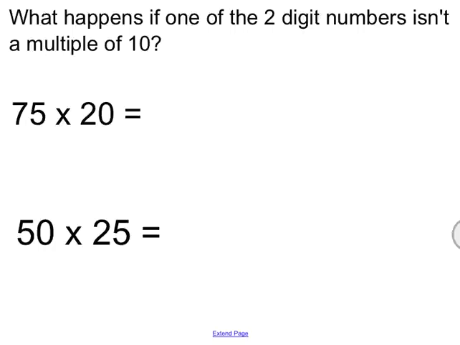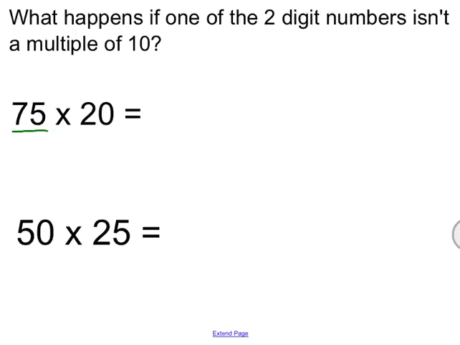So let me show you what I'm talking about. So I know from Chapter 2 that I can multiply 75 times 2. And then if I do 75 times 2, then I could just add the zero. So let me show you that.